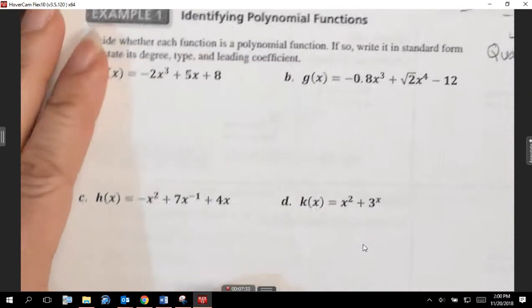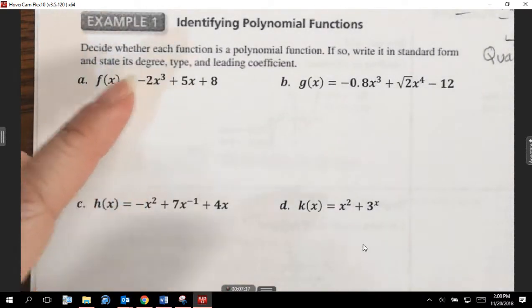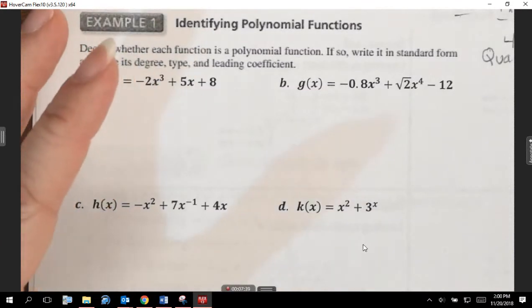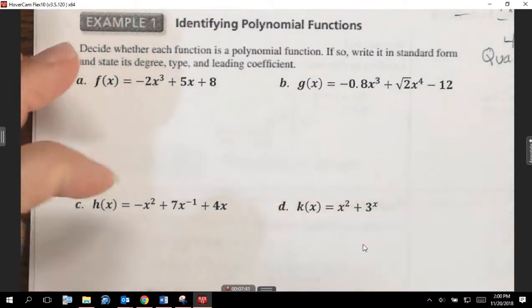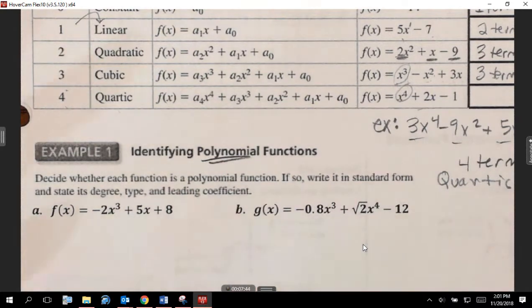Tangent. Okay. Now we're going to do polynomials, and we're going to decide, are these really polynomials? The word polynomial is something that you need to know the definition of.